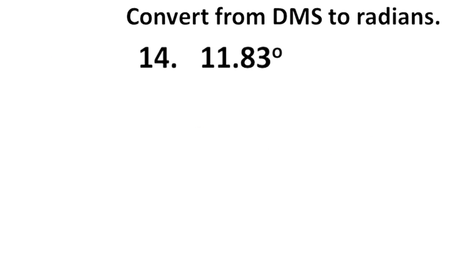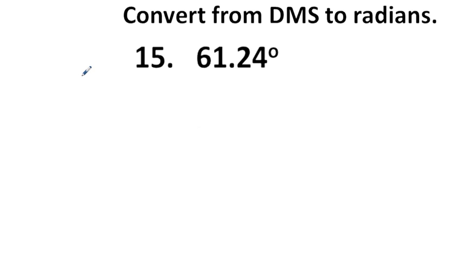So let's go ahead to problem 15. Convert from DMS to radians. And so that's a problem that's very much like what we did before. So we have 61.24 degrees, and we're going to multiply that by pi radians over 180 degrees.